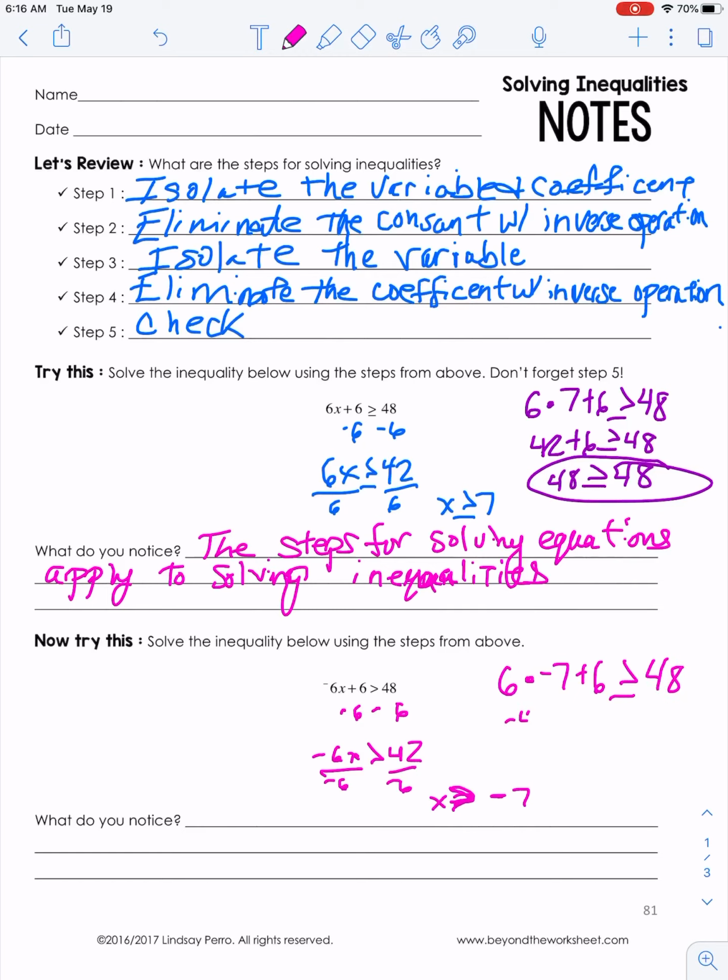So we have negative 42 plus 6 is greater than or equal to 48. So we have negative 42 plus 6 would be negative 36 is greater than or equal to 48. Or not equal to, sorry. It's greater than 48.